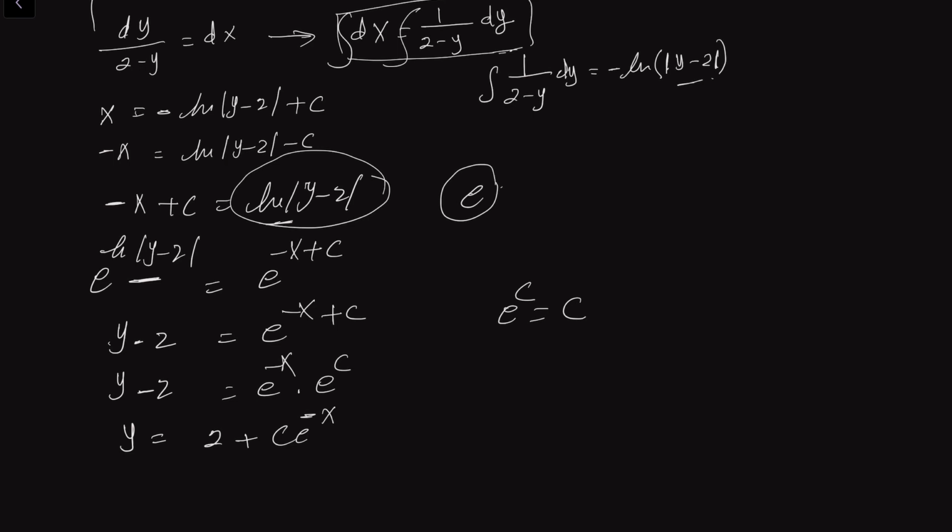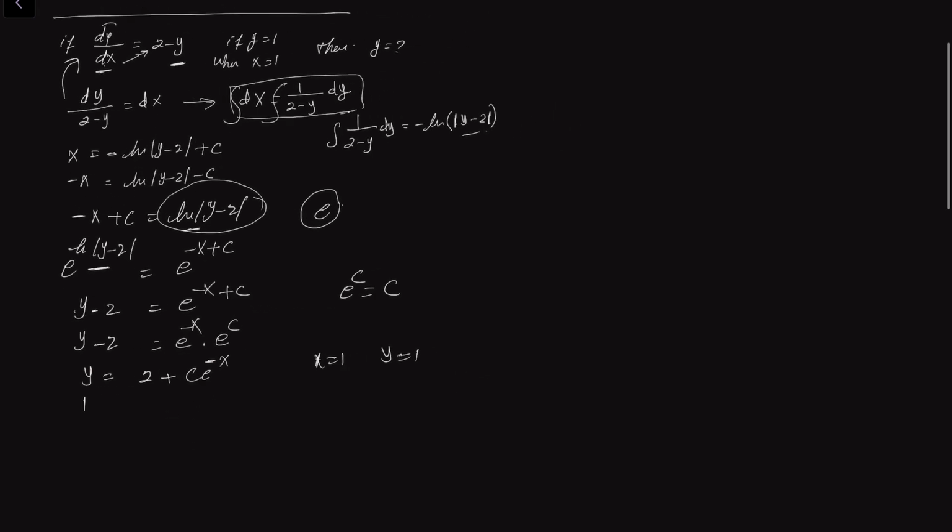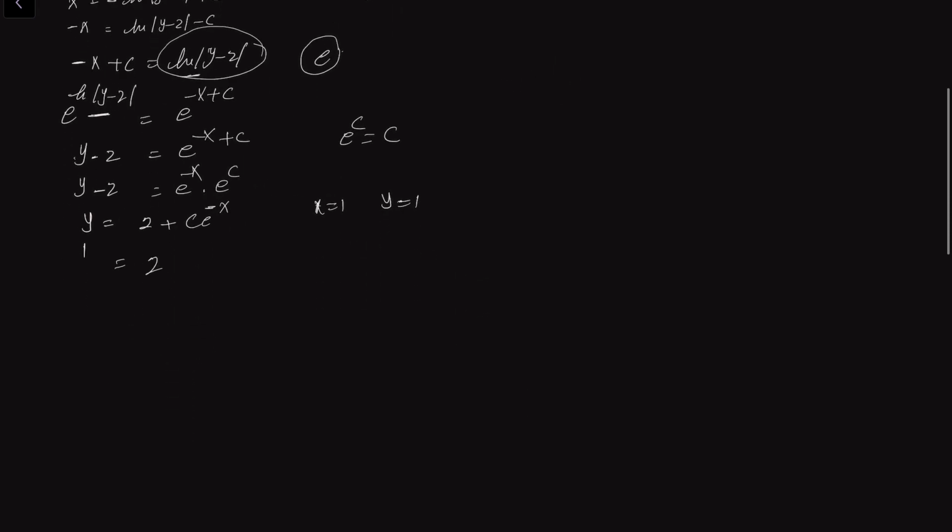Then it's given that when x equals 1, y equals 1. So let's substitute: 1 equals 2 plus c e to the negative 1. So it will be 1 equals 2 plus c over e. E to the negative 1, we bring to the denominator, so it will be e.